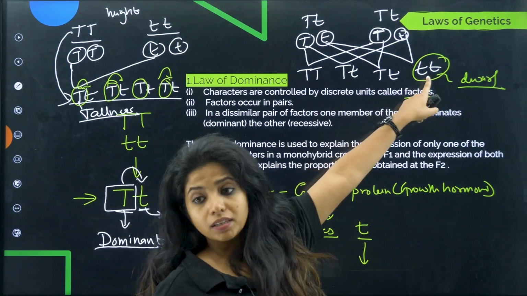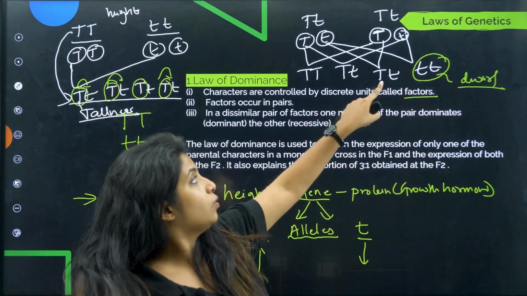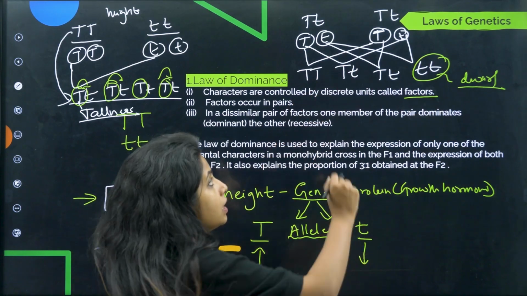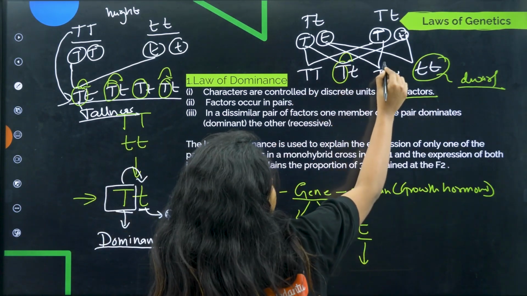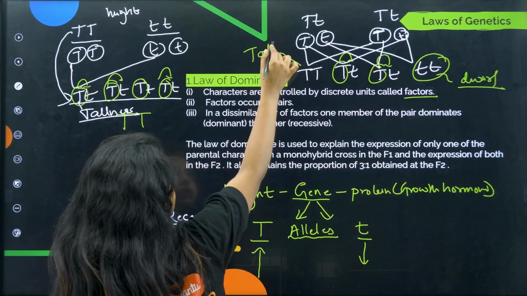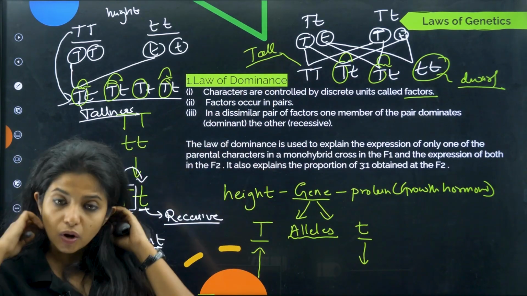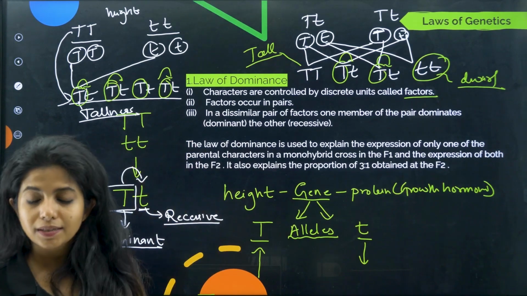Here the law of dominance is working because no one is there to dominate it, which is why it is dwarf. But over here there is an allele to dominate, which is why three children are tall and one is dwarf. If the law of dominance was not working, this would probably not have been the case.